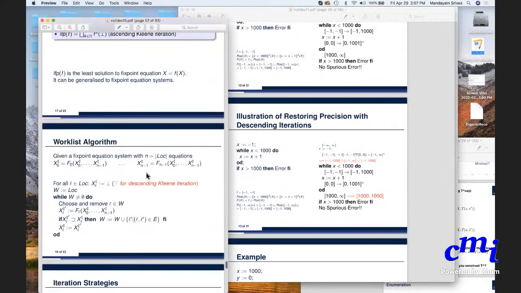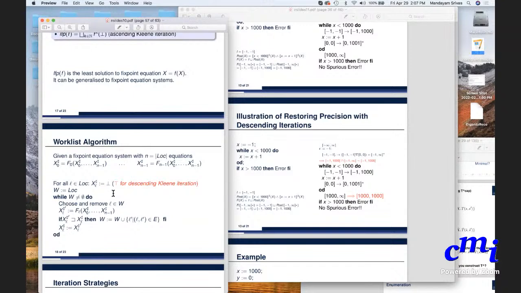See, this work list algorithm that I've shown here, at least the version shown here, is a way of implementing Kleene iteration on an arbitrary CFG, given a set of fixed point equations for each location in the CFG.